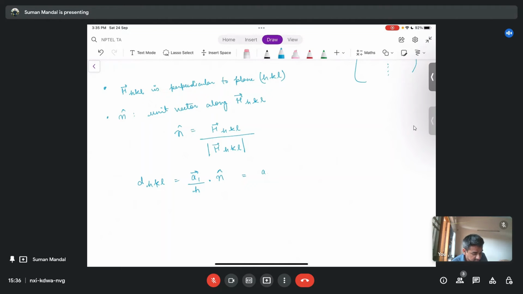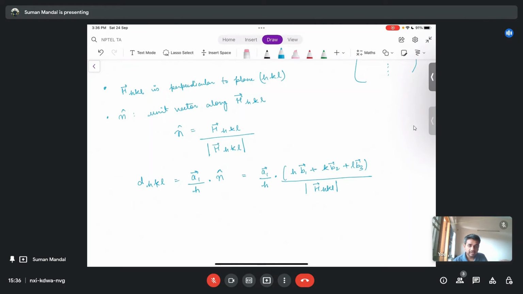So this is a1 by H dot product HB1 plus KB2 plus LB3 vectors, divided by the magnitude of HKL.